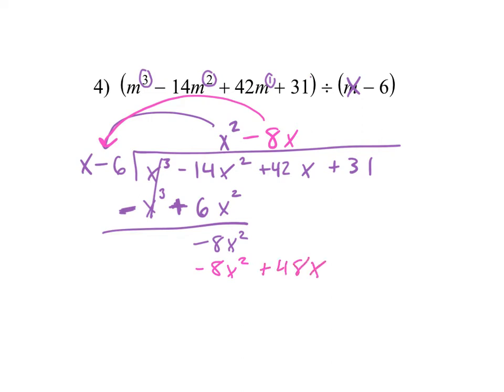What do we do next? Change the signs. Add them together. What happens to our 8x squareds? Cancel. What are we combining with that negative 48x? The 42x. So it's 42x minus 48x.